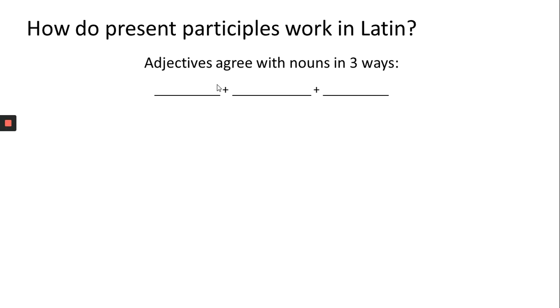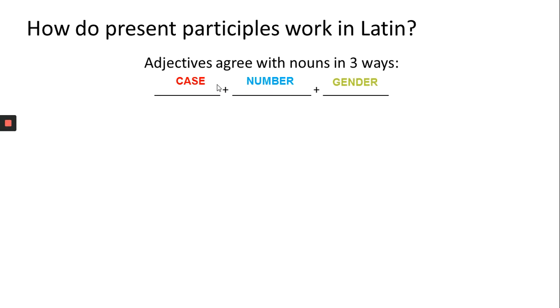Because participles are describing words, they work like adjectives. Therefore, they must agree with the noun they describe. Can you remember the 3 ways adjectives agree with nouns? Adjectives and participles agree with nouns in case, number, and gender.